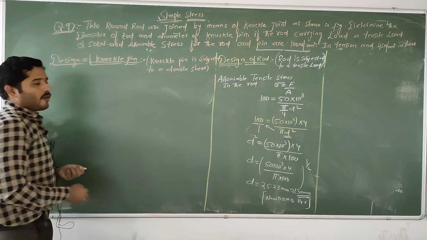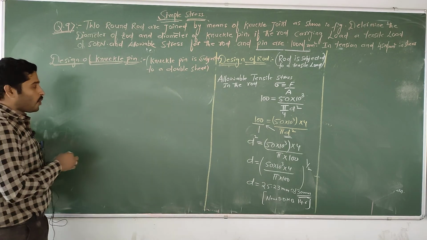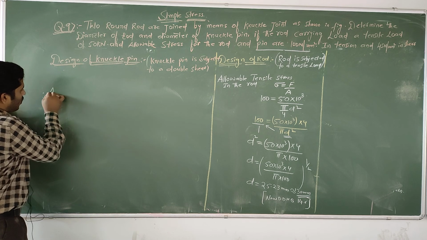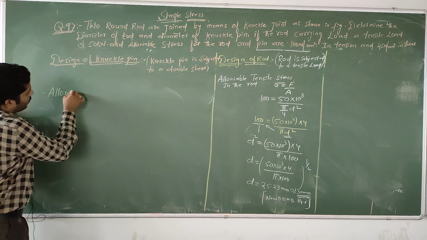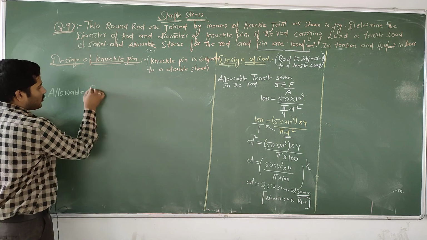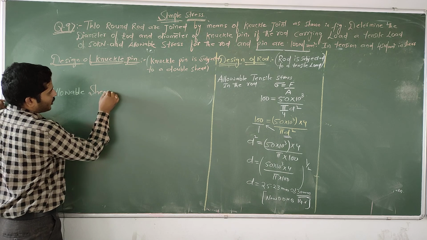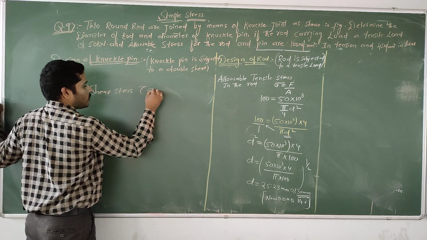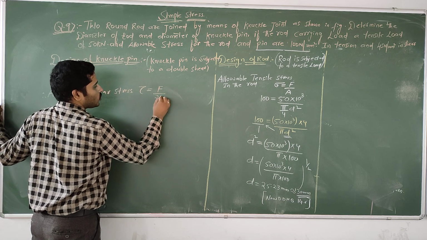For that reason, we have to use the formula for the allowable shear stress, tau is equal to F by 2A.